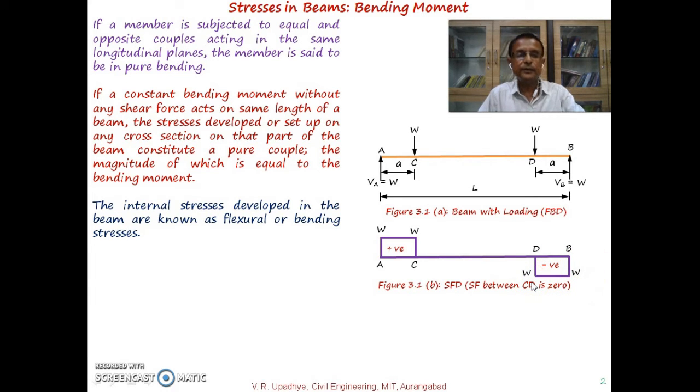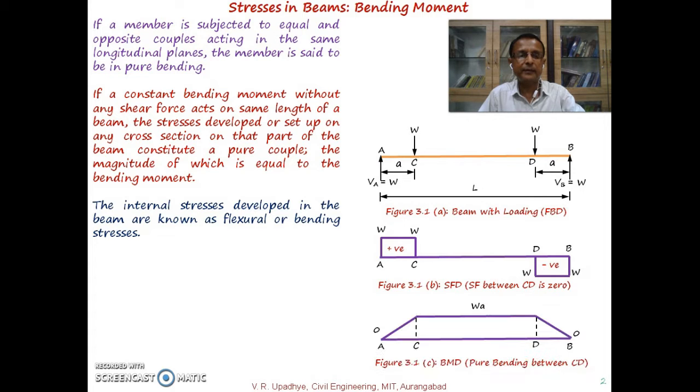If you go for calculation of bending moment and draw the bending moment diagram, it will be as shown in figure 3.1c. From A to C there is an increase in the bending moment, and from D to B there is a decrease. As it is a simply supported beam, at supports A and B the bending moment is 0.